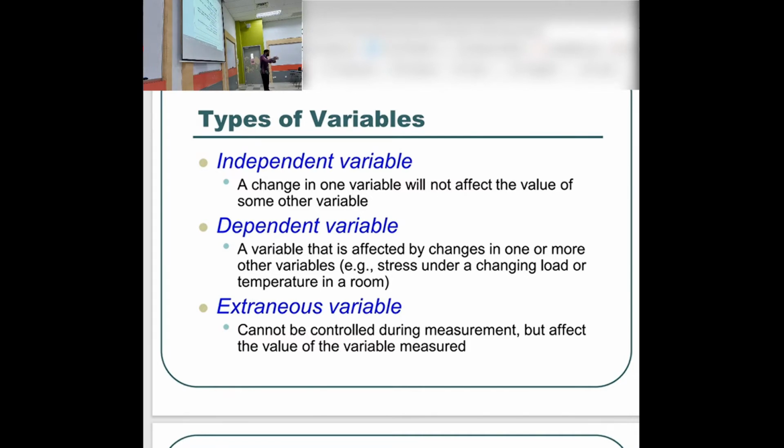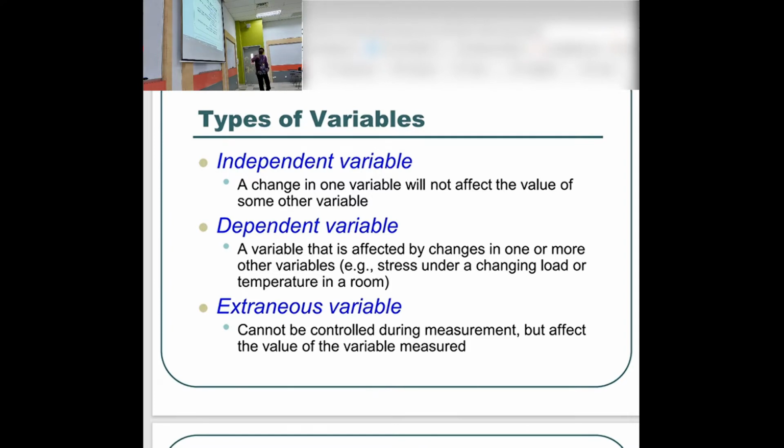In a system, we must recognize which one is independent and which one is dependent. Dependent variables, of course, depend on the independent. Any changes to the independent will give different values to the dependent.